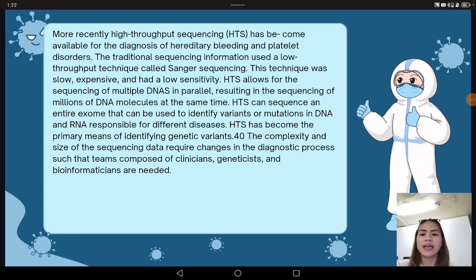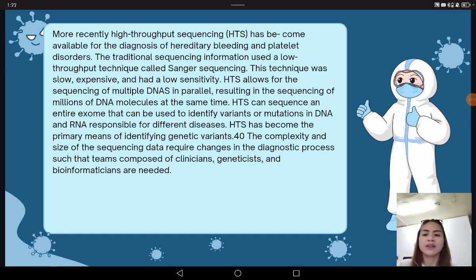More recently, high-throughput sequencing has become available for the diagnosis of hereditary bleeding and platelet disorders. The traditional sequencing used a low-throughput technique called Sanger sequencing. This technique was slow, expensive, and had a low sensitivity.